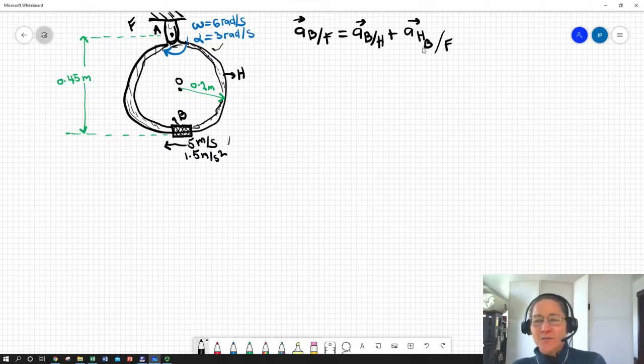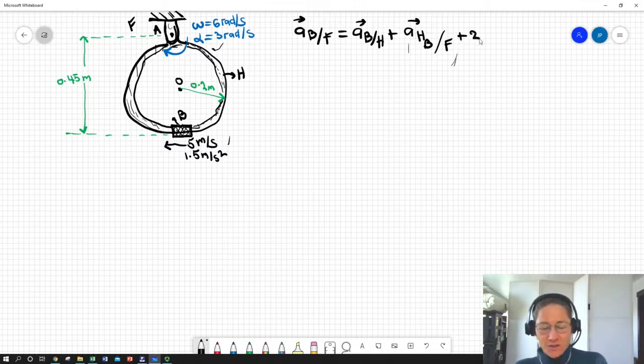So this isn't just the acceleration of H anywhere on H. It's the acceleration of H at a particular point on H. That's the point where B happens to be. So this is the only real tricky part of the expression that we're going to have to find.